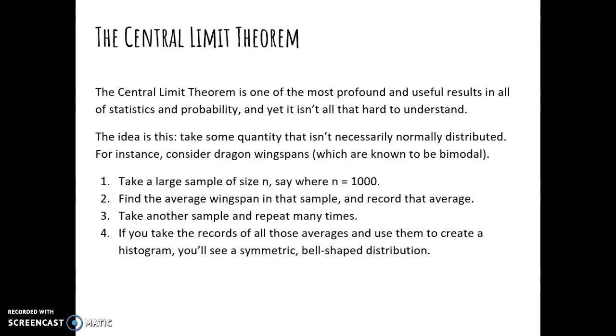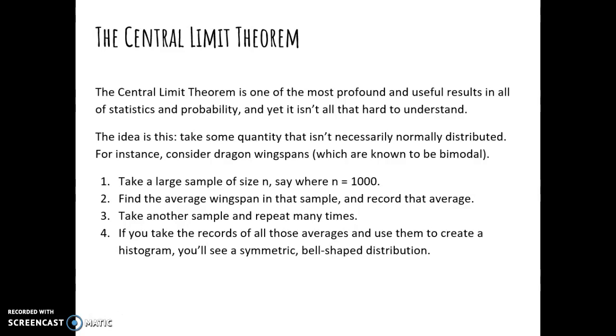So if it was already a normal distribution, like the weights of the bunnies from the video, those were already a normal distribution. But when you took samples and weighed those samples and found the sample weight of each of those samples, those averages of the samples came out to again be a normal distribution.